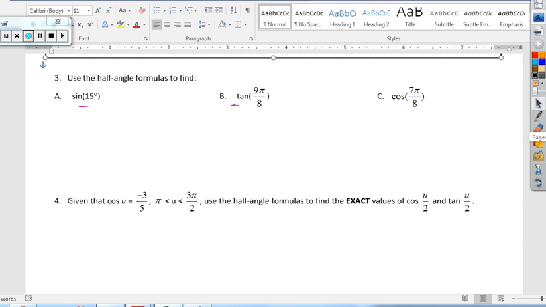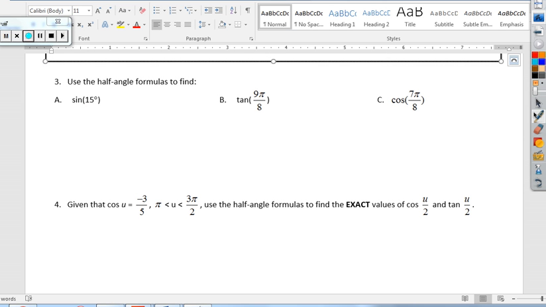Okay, so you will have the formulas in front of you, and I want to use a half angle formula. So I want to know what is the sine of 15 degrees, and I say, okay, I want to pick an angle that is on my unit circle. So I'm going to change this to be the sine of 30 over 2, and that would get me 15 degrees.